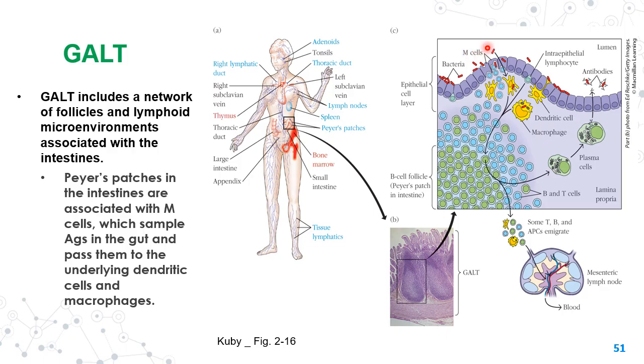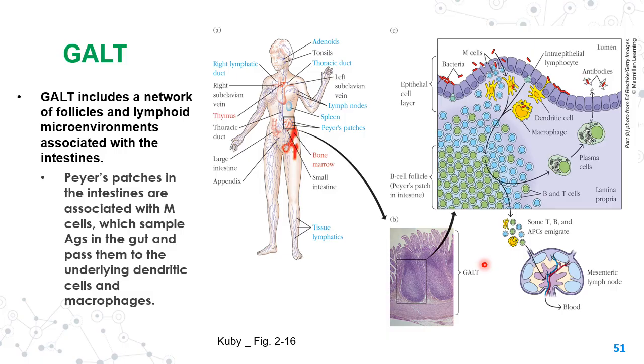And those cells are really cool because when you have friendly bacteria, those cells are important to teach your immune system not to attack the friendly bacteria. And when you have pathogens, those cells are going to bring the pathogens to dendritic cells that are going to process the pathogen or take it to the Peyer's patch and activate some B and T cells.